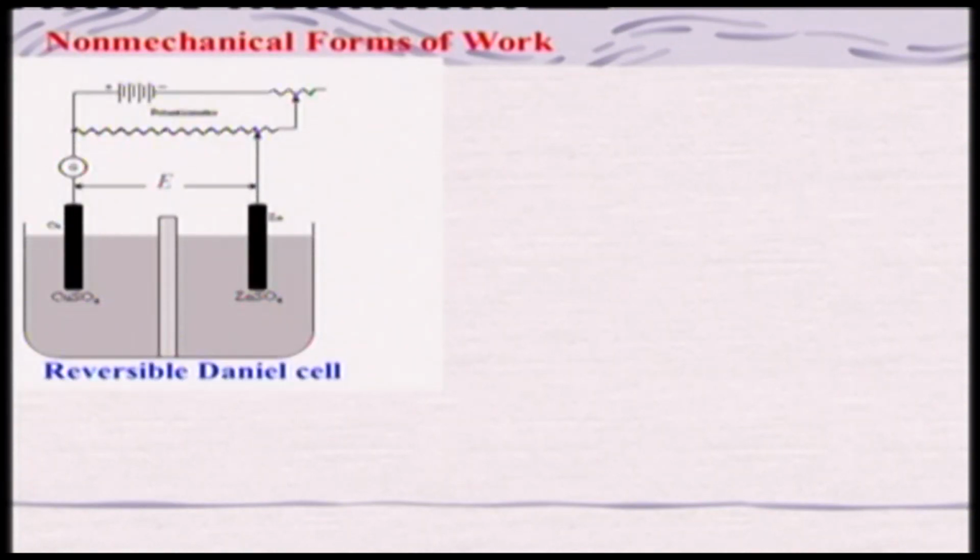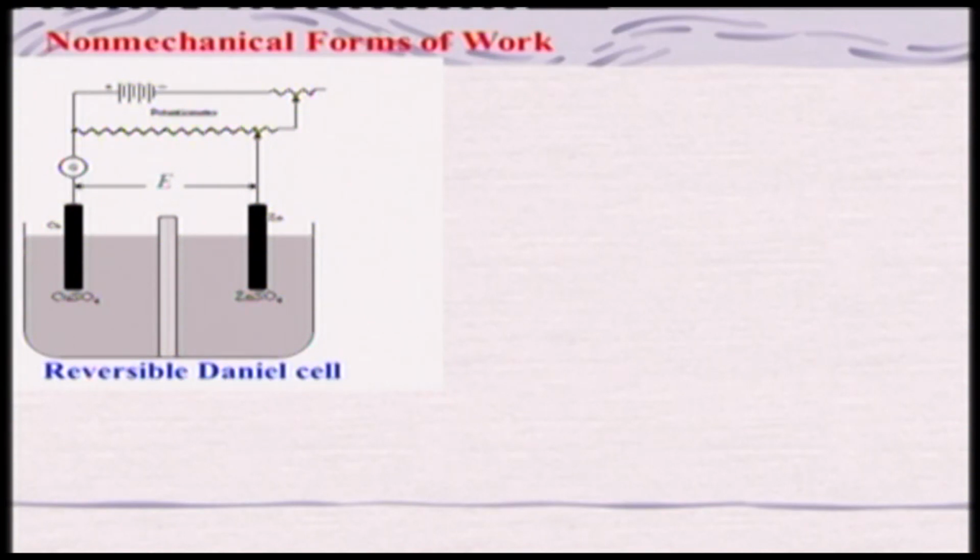So let us look at some non-mechanical forms of work. For example, the reversible Daniell cell. Of course, nowadays people are talking about fuel cells and other things, which is a very hot topic.